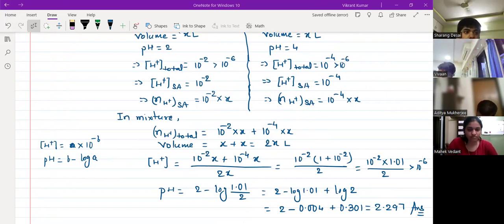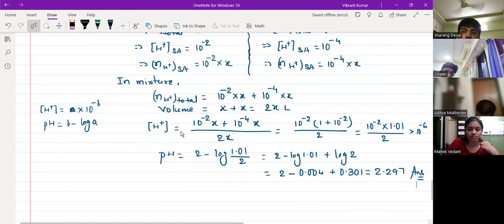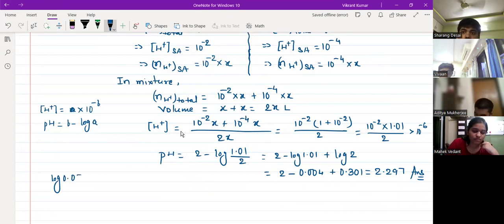Sir, in that step, suppose we did not take it common, then we'll get minus log of 0.505, which you had sent me. Okay, so let's handle that also. Log 0.505. How to handle this?